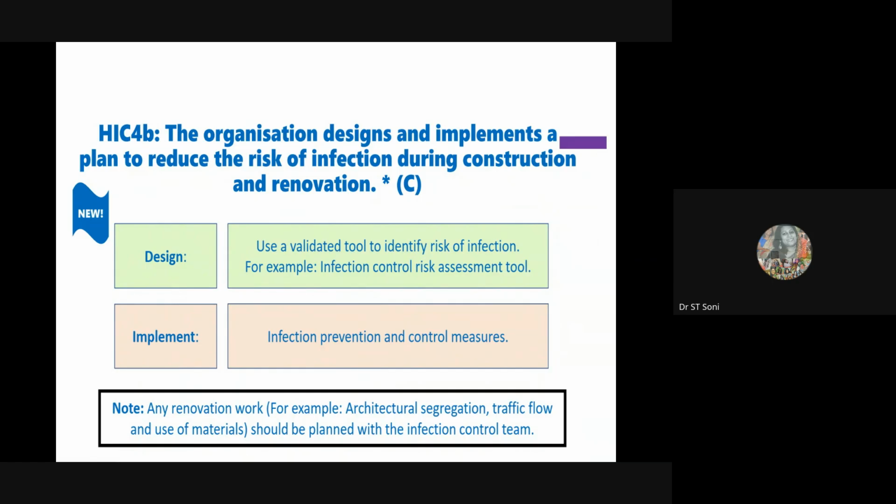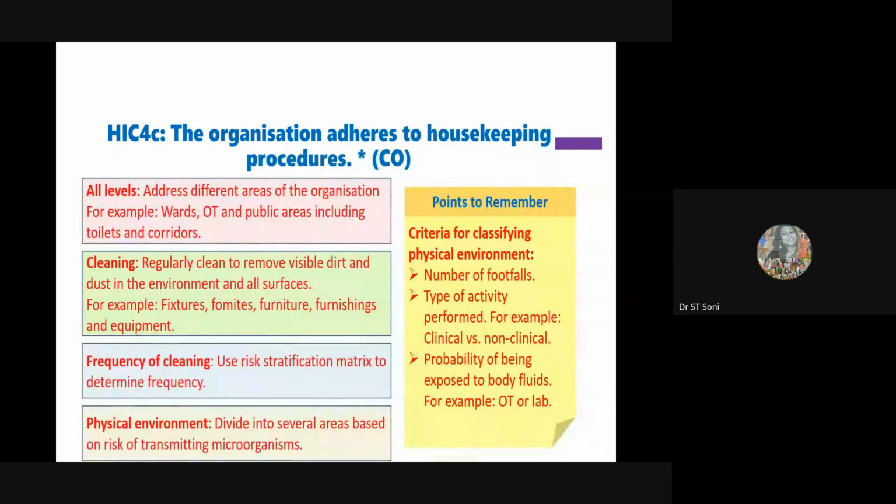Like in a running hospital, you want to open a new ward, you need to take all the precautions so that it doesn't spread to other areas of the hospital which is already running. This is called ICRA, infection control risk assessment.